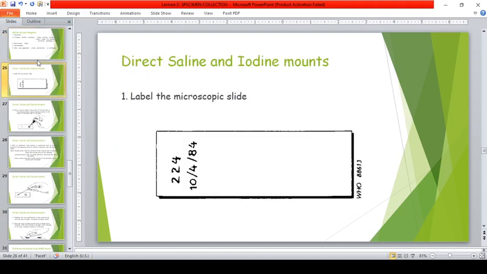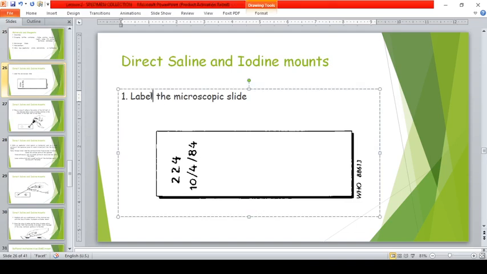Okay, so in direct saline and iodine mounts, of course, you have to label the slide. And you get your sample from a labeled specimen or labeled container. Okay, so ilalagay mo ba yung name ng patient?